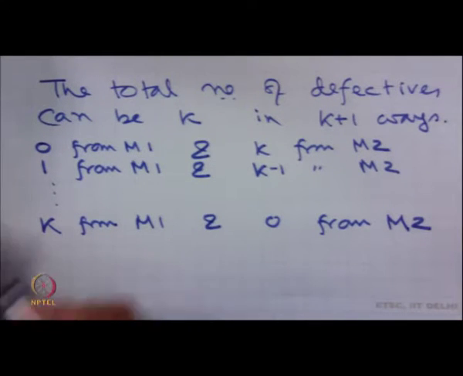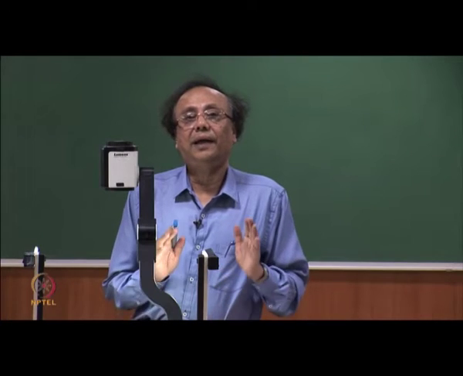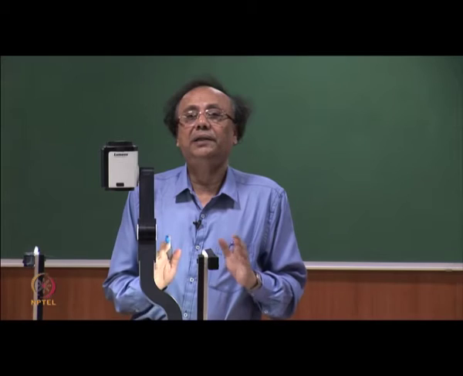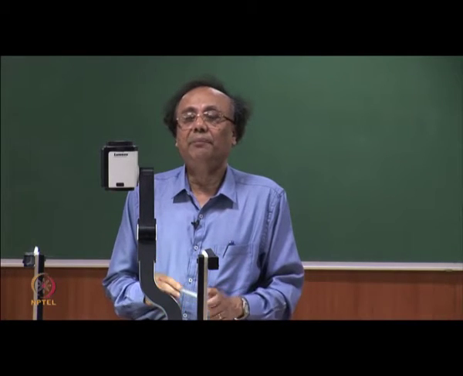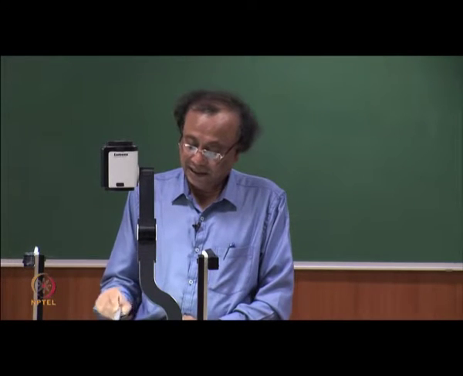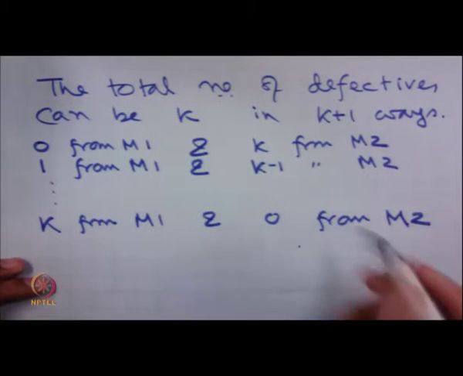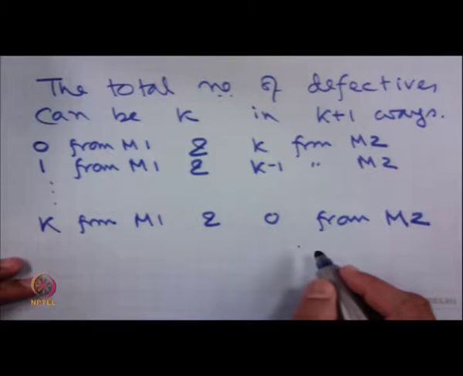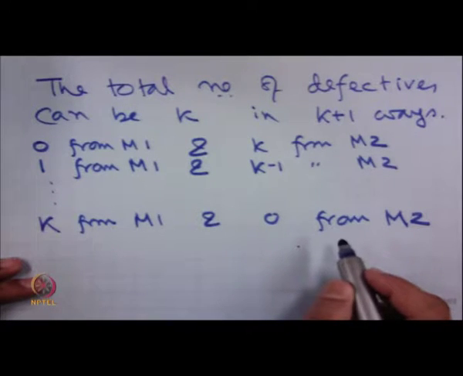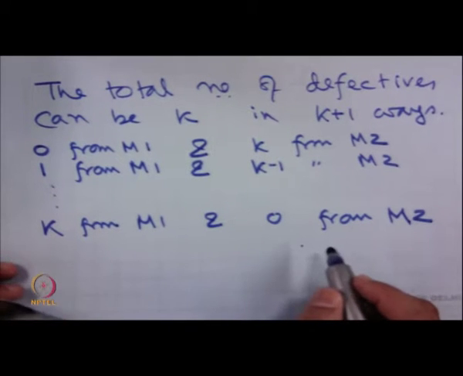So, the probability that there are k defective items in a packet can be computed by adding these k plus 1 individual events, and some of them may have probability 0. So, let us see how to work that out.